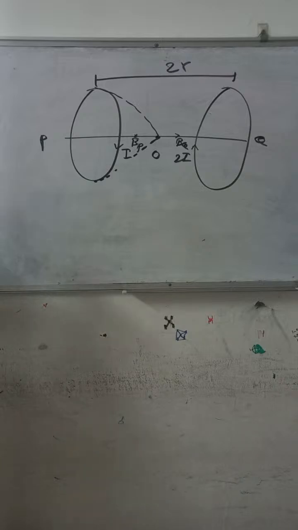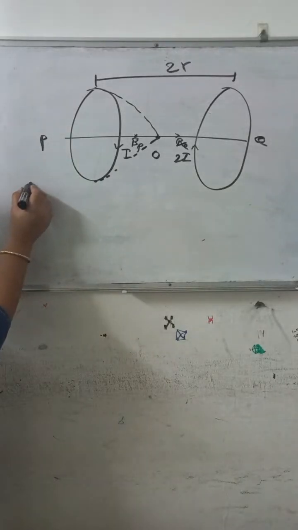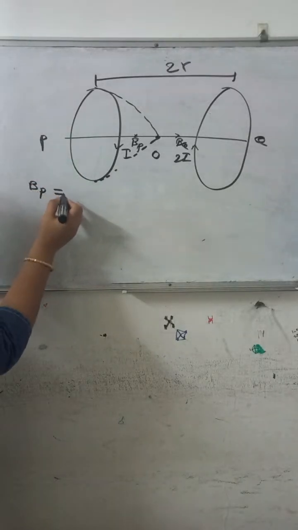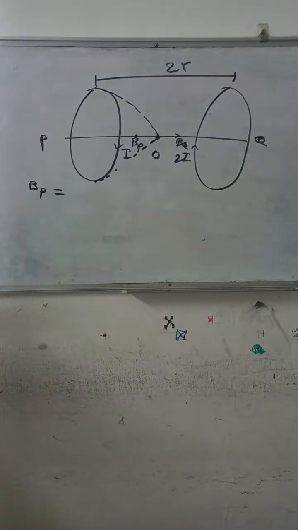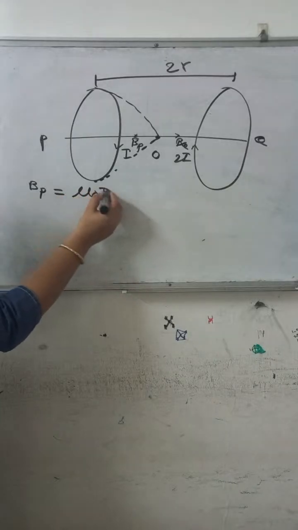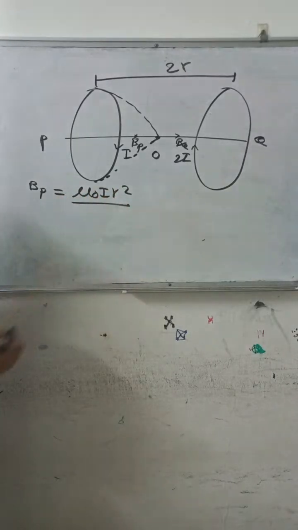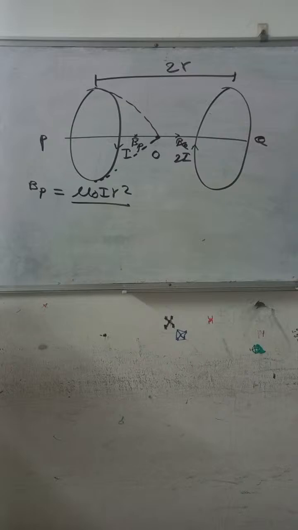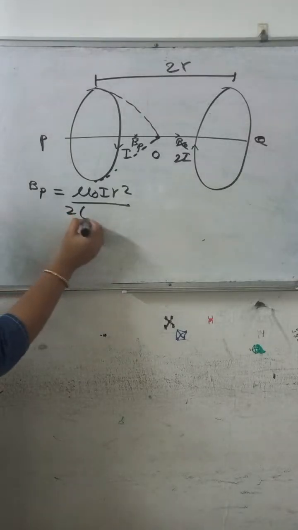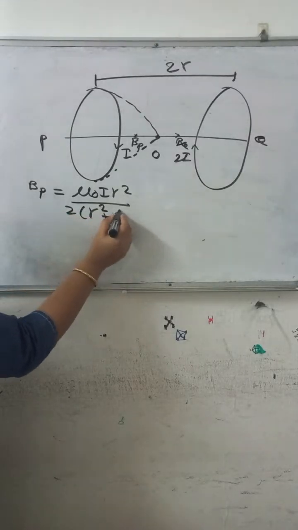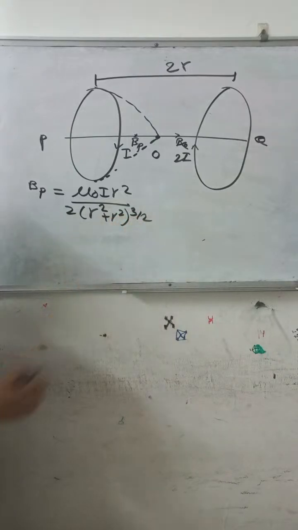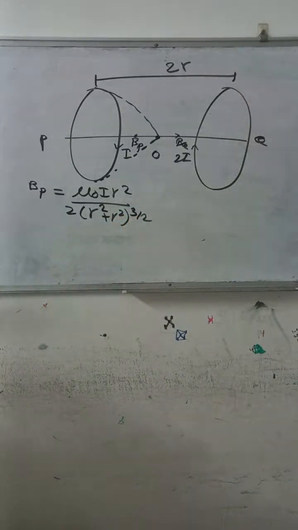If I write the magnetic field for P, what is the formula? Mu naught I into R square divided by 2 into R square plus R square, the whole raised to 3 by 2. Can you get this?